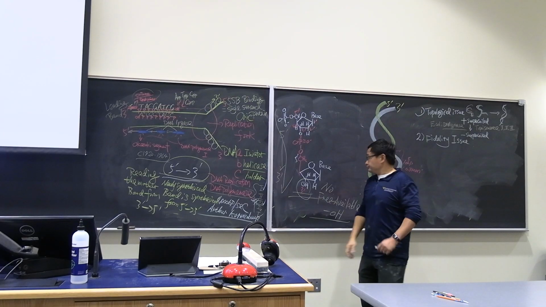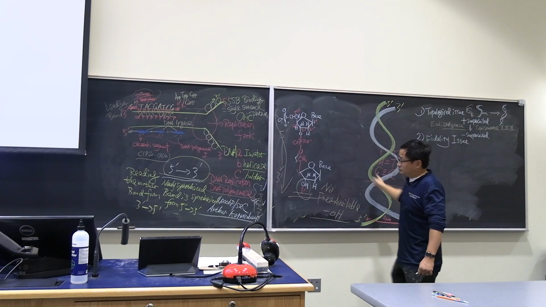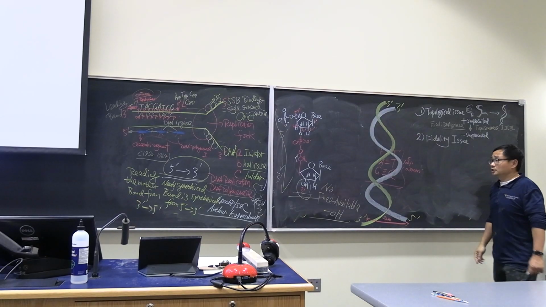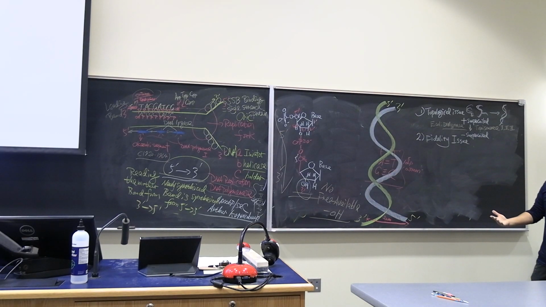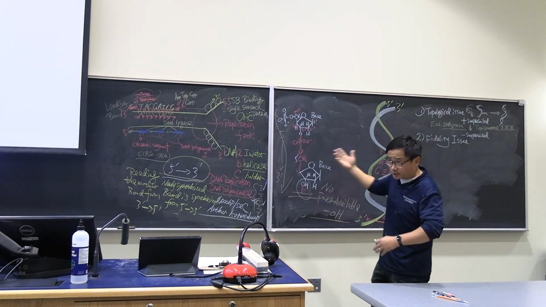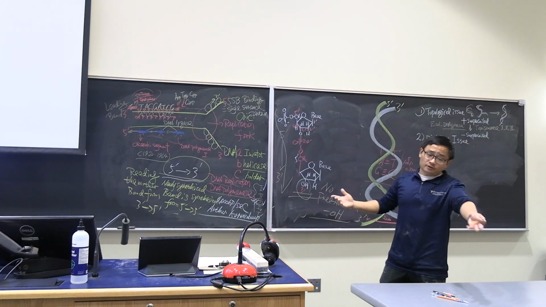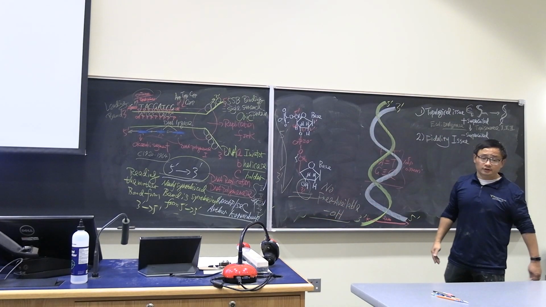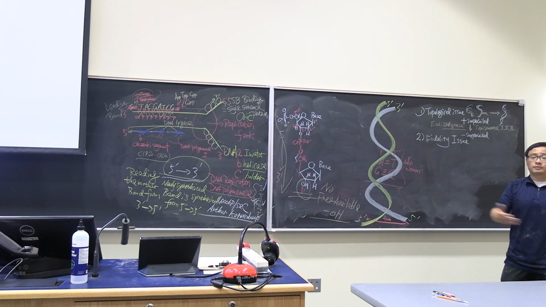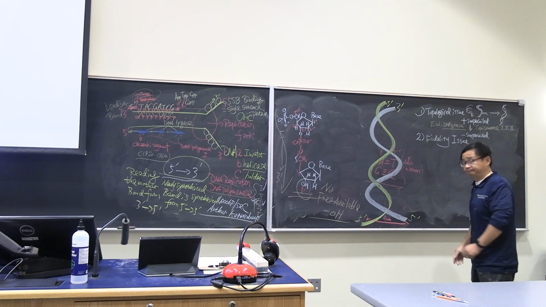So think about it. Twisted, opened, twisted again, release the tension. We cannot make sure every single base complementary with each other is correct. Same as when you write an essay, like a 2,000 words or 10 pages essay, you cannot make sure all your spelling is correct.